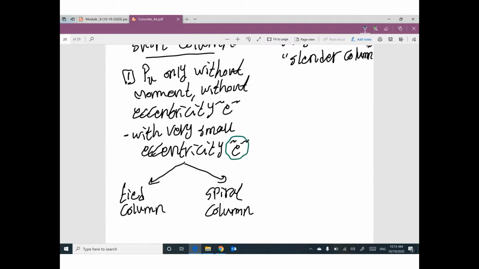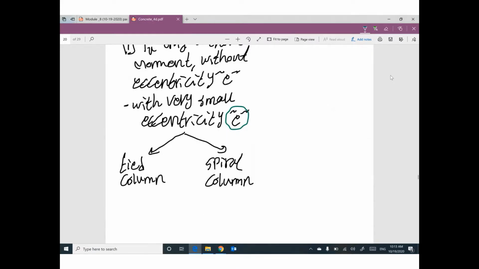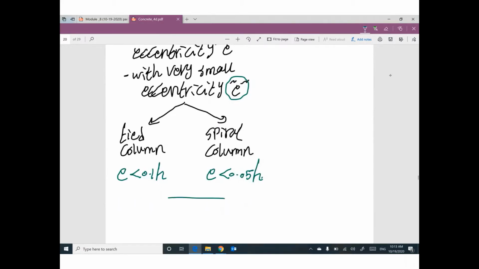This eccentricity is smaller than 0.1 h or smaller than 0.05 h. What is the h? You have a column. We have P and we have h. If this eccentricity, which is given, is smaller than 0.1, 10% of this h, neglect it. Forget that you have a moment.